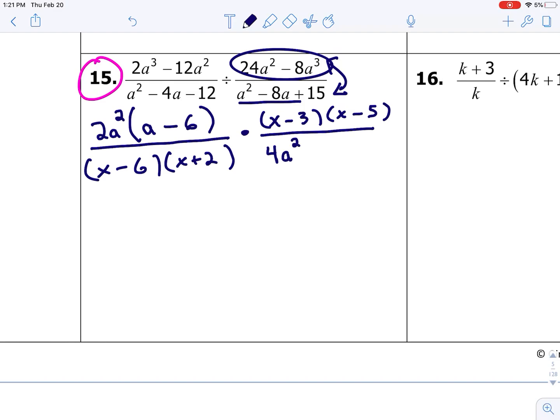And a squared divides into both of them, which would then give me what? 6a. Oh no, not 6a. Just 6, because 4a squared times 6 is 24a squared minus 2a.